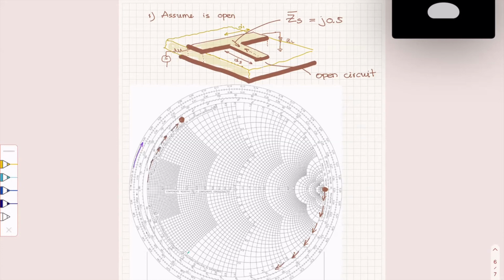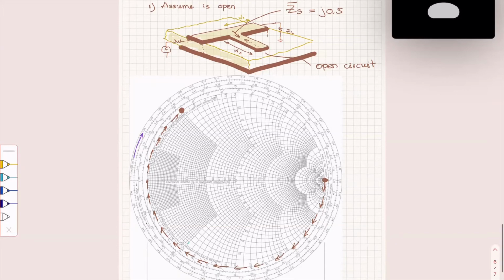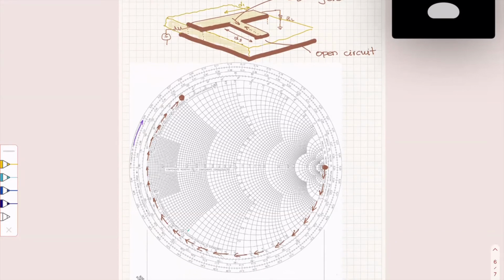And that is going to give me the length of the stub. Okay, now let's see how long the stub is going to be. And here I go from 0.25 lambda. I start there. I pass through 0.5 lambda.